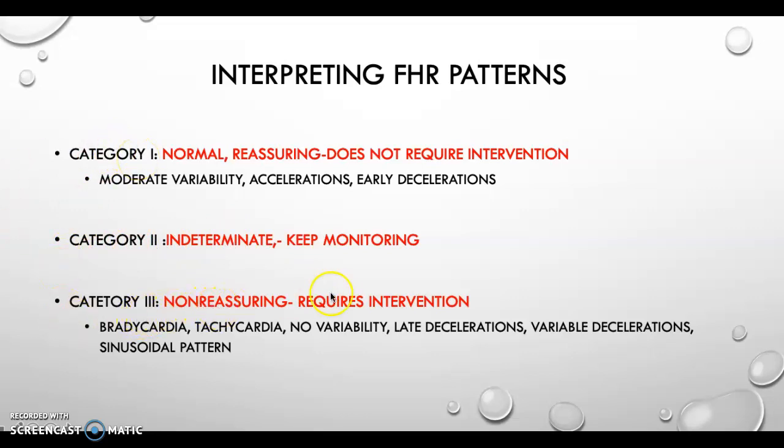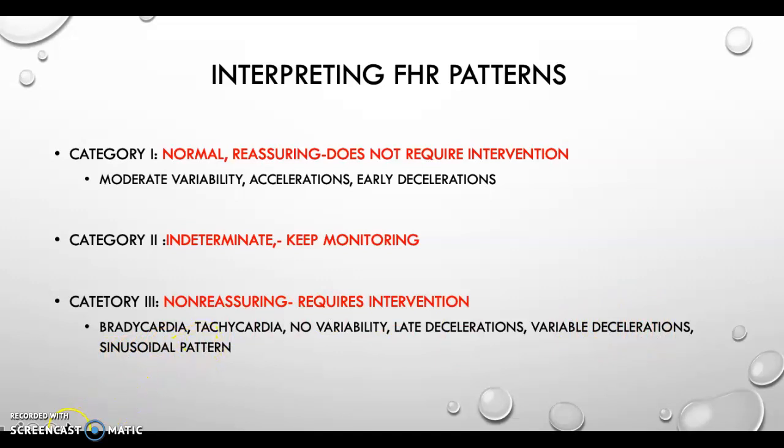These are non-reassuring and these require intervention. We need to do something because this fetus is in trouble. Things like bradycardia, tachycardia, no or minimal variability, late decels, variable decels that keep happening, and this sinusoidal pattern.